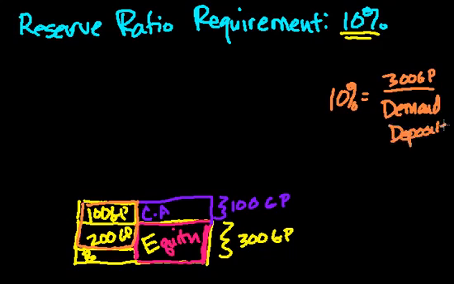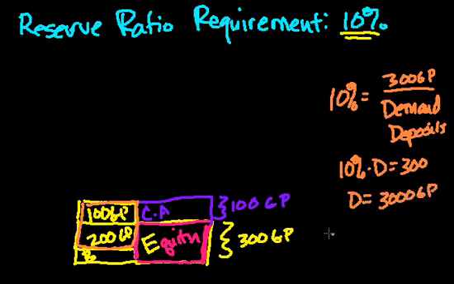Deposits. So we could do a little bit of math. 10% of the demand deposits have to equal 300, so divide both sides by 0.1, and you say, well, I could have up to 3,000 gold pieces of demand deposits. So how much could I expand my balance sheet? Well, I could keep making loans until I have 3,000 gold pieces of demand deposits.